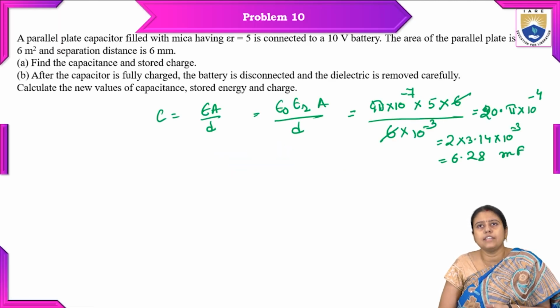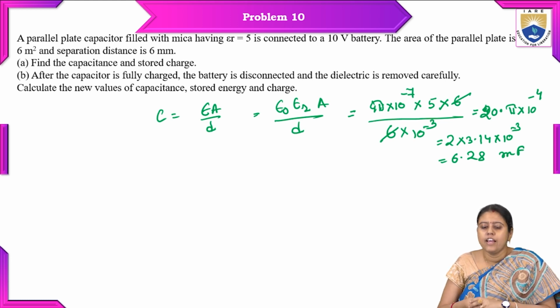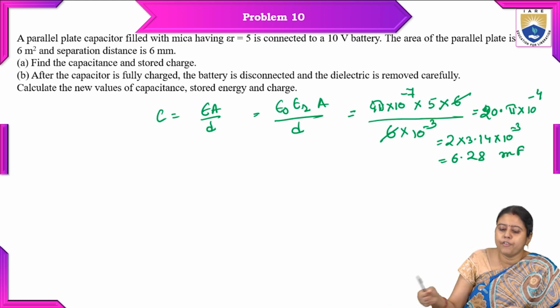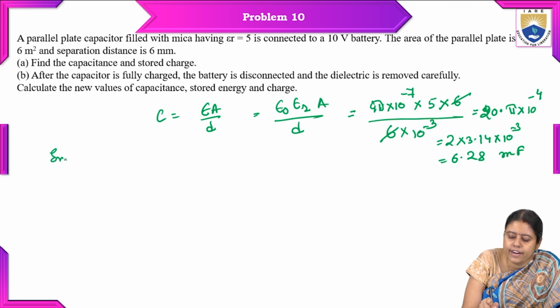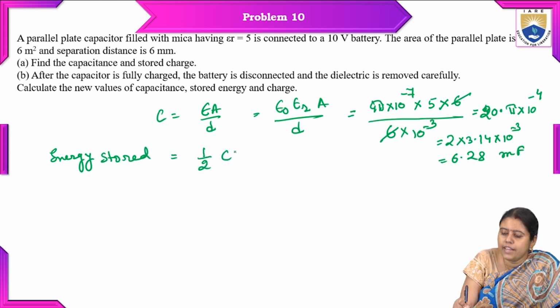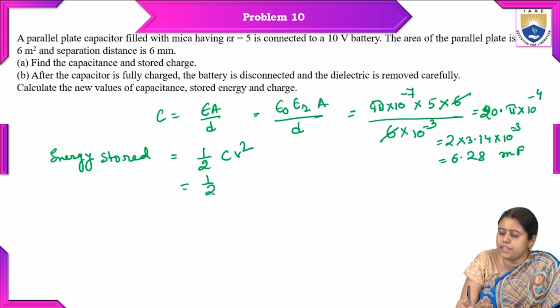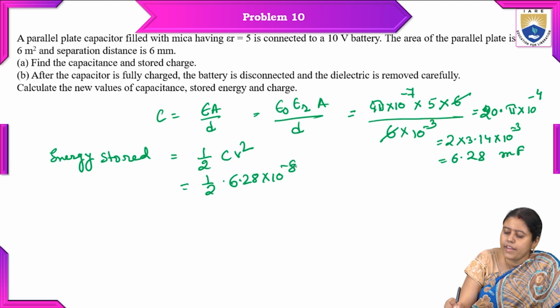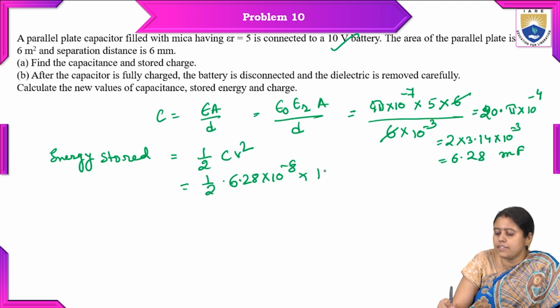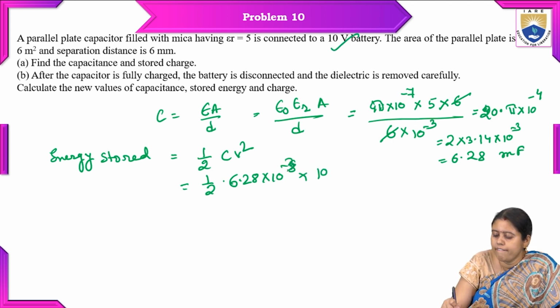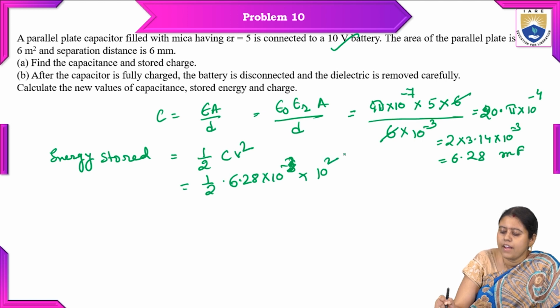After the capacitor is fully charged, if the battery is disconnected: before the battery is disconnected, the energy stored was half C V square. So from here we can get C into V value, which is given as 10 square, 100.